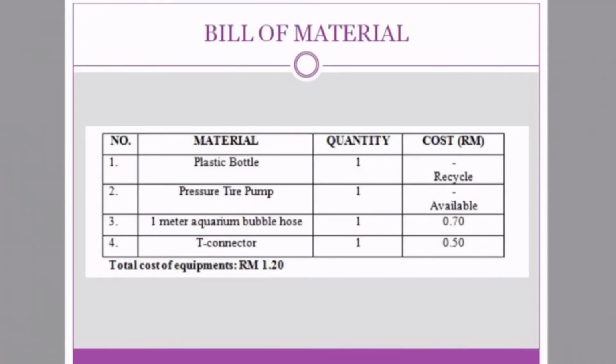We decided to make a mini atomizer by using recycled products such as a plastic bottle and aquarium tube. For project costing, we discussed it for almost 6 days, because there were some problems that we faced during the project construction.